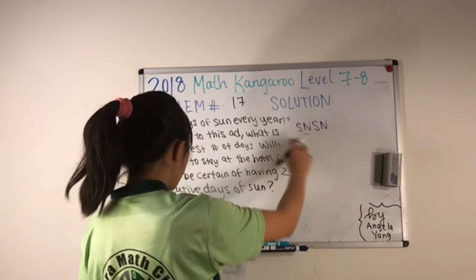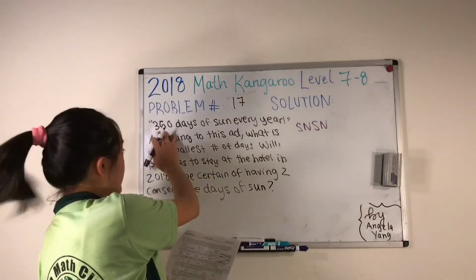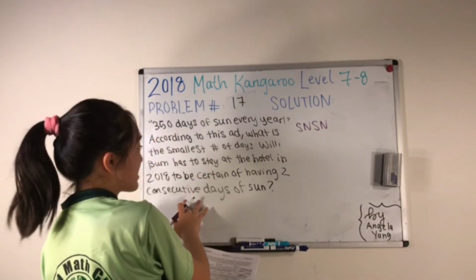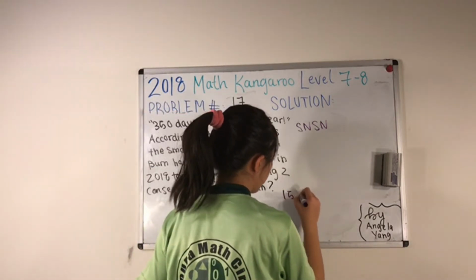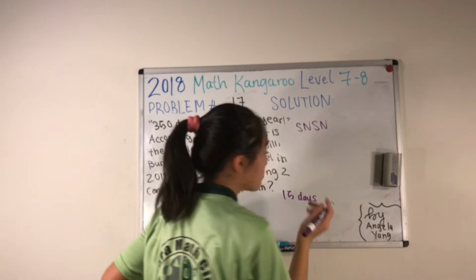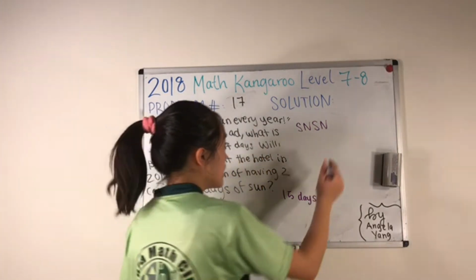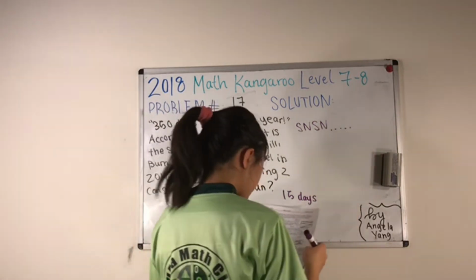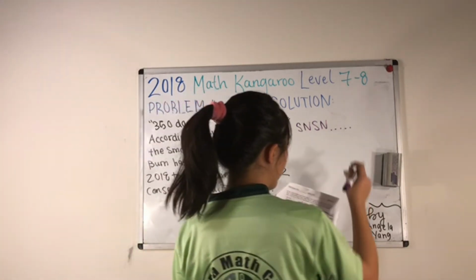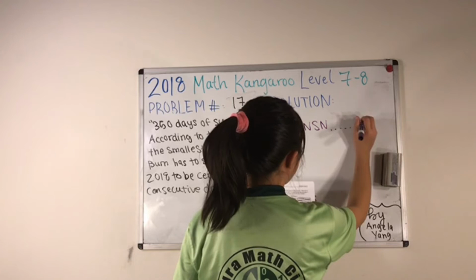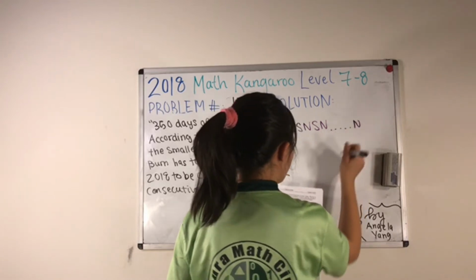There are 365 days in a year, we're assuming, because the year is not a leap year. So that means we have 15 days that we could have rain. Let's imagine that is what happens. So now we are 15 times later, so now we have 30. And we ended with the letter N.